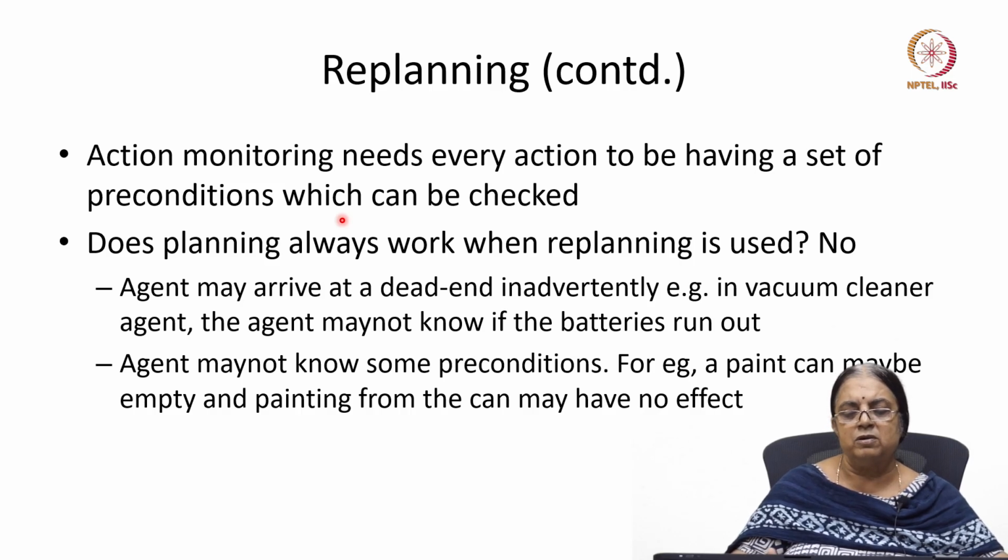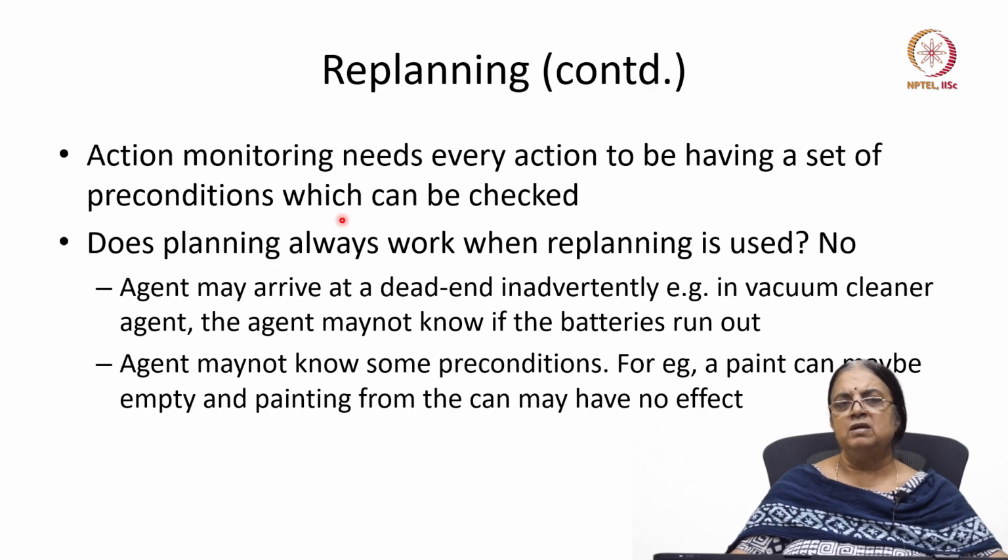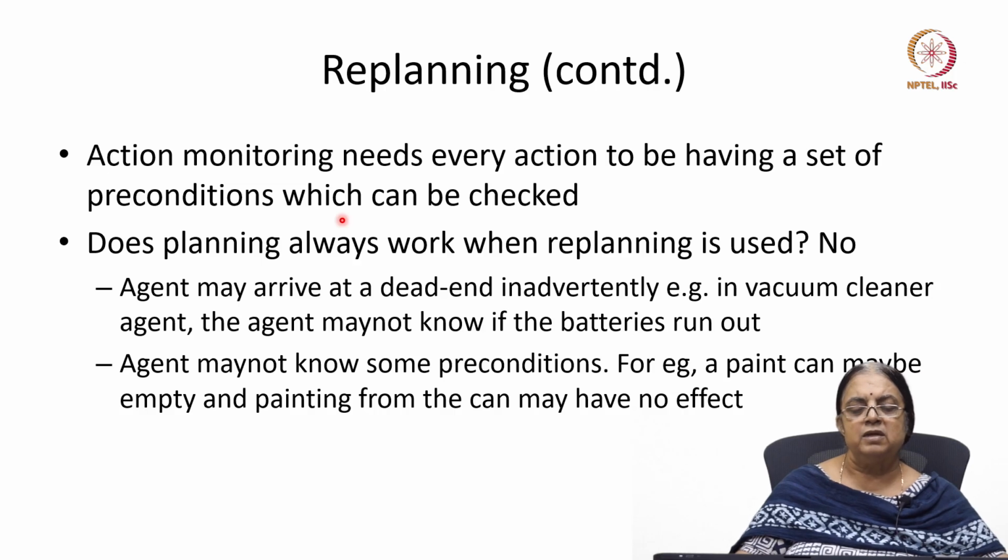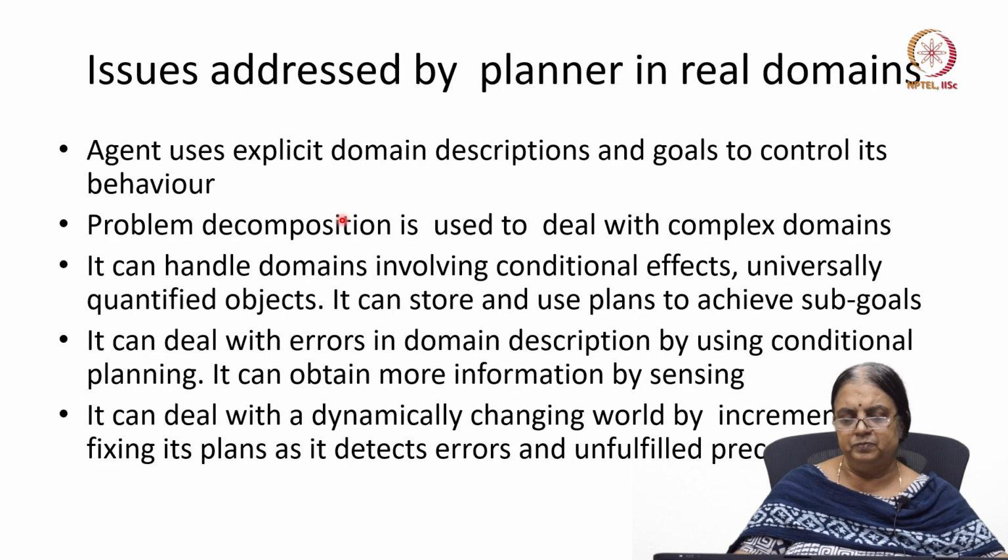Or if you are trying to paint something, the can may be empty, and whichever can you take, it may not work, right? So it's possible that replanning doesn't work many times, but it could also work.